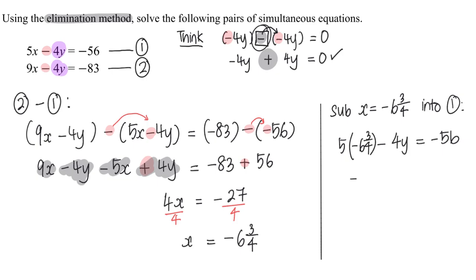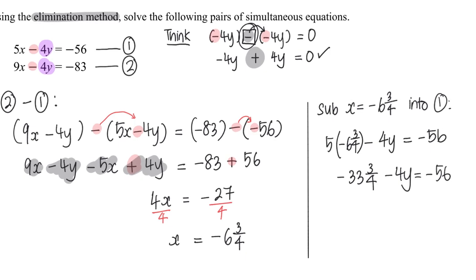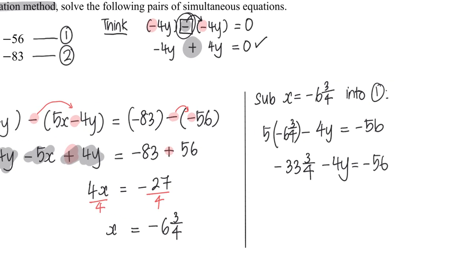Okay, so let's continue to solve it. I will have negative 33 and 3/4 minus 4y equals negative 56. I'm going to add 33 and 3/4 on both sides.